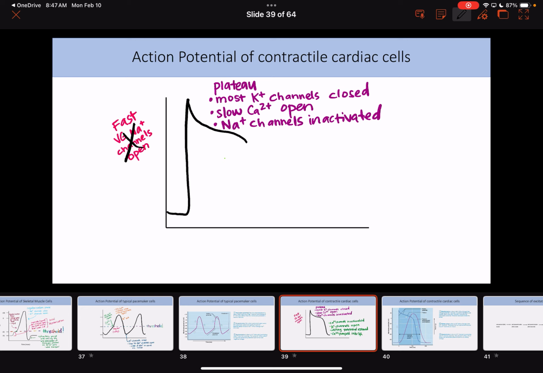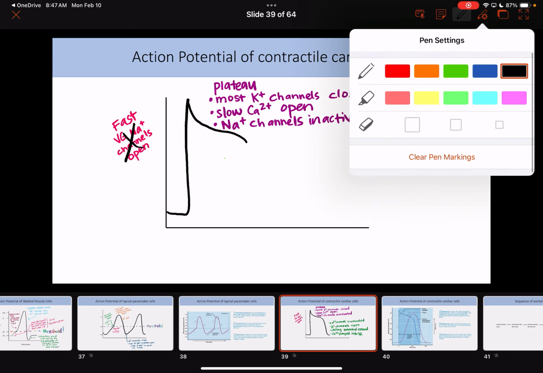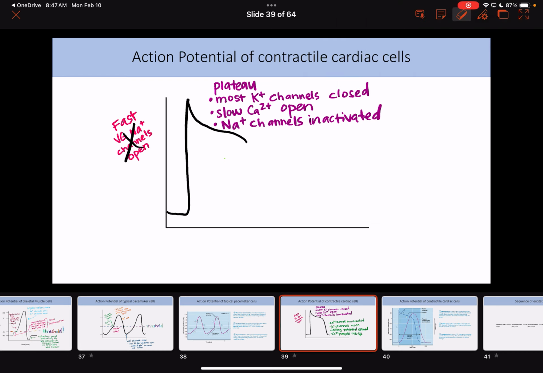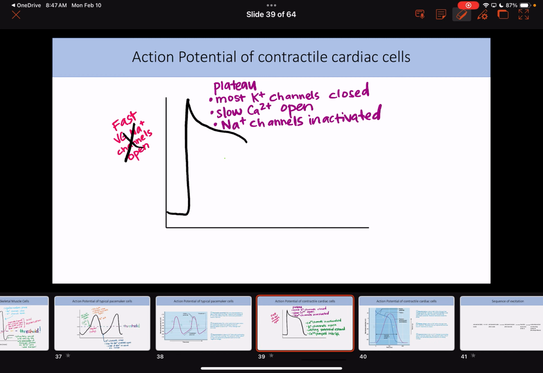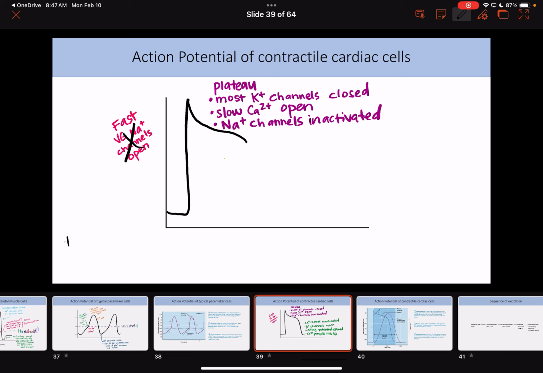And why we need those slow calcium channels to be open is because as long as calcium is available, cardiac muscle cells can contract.